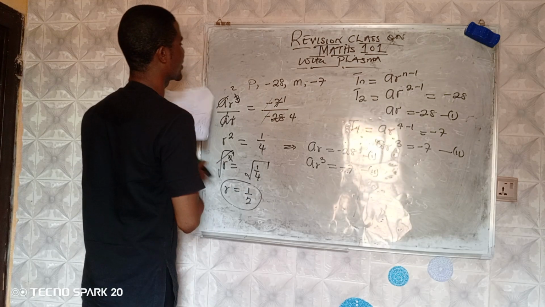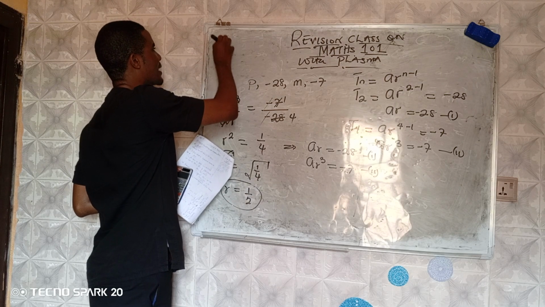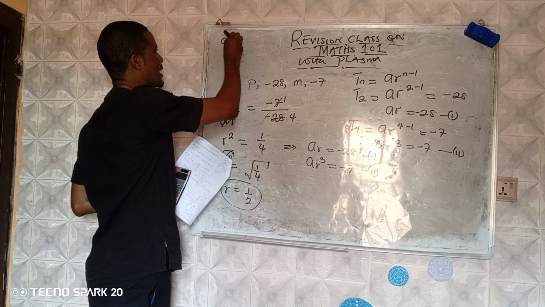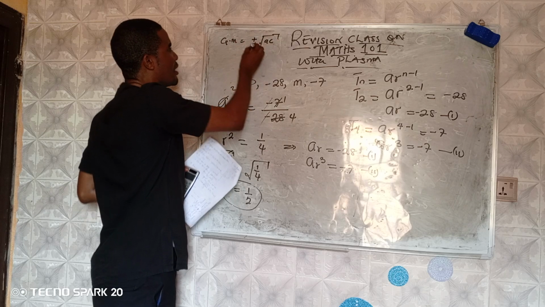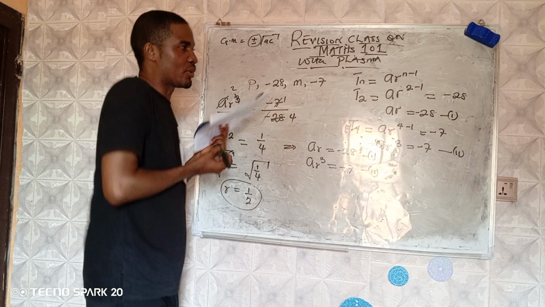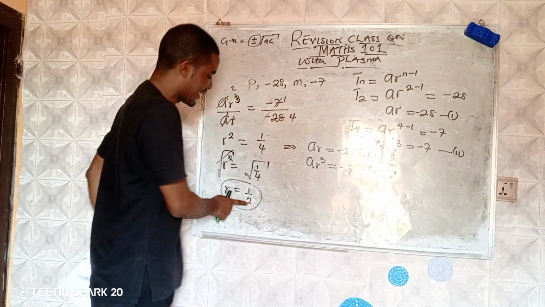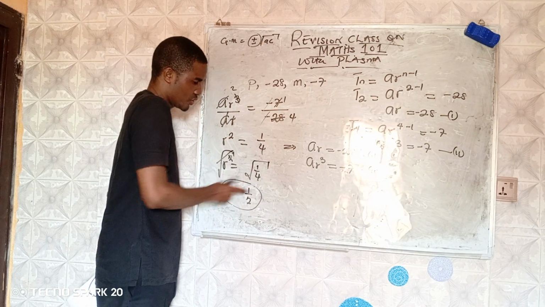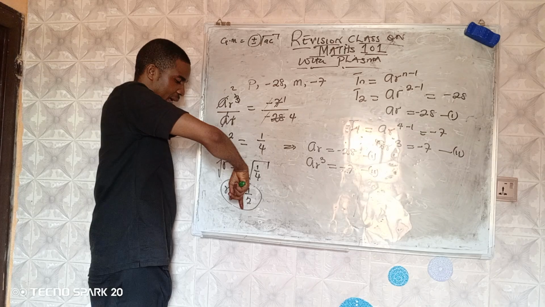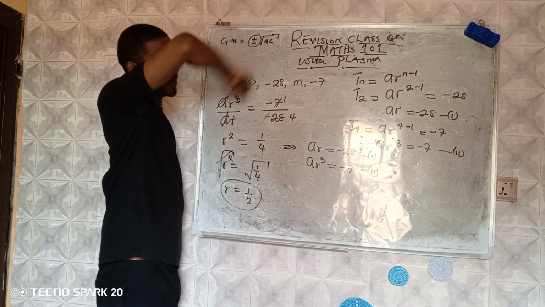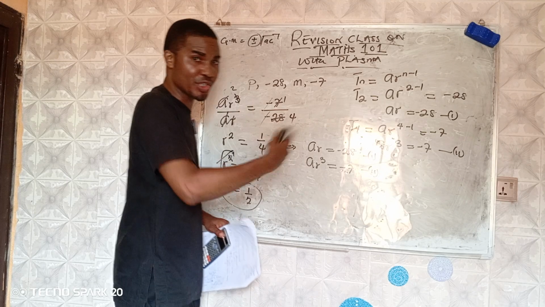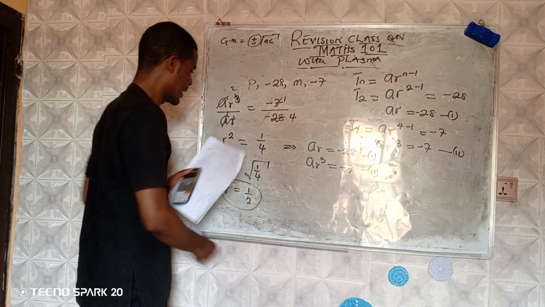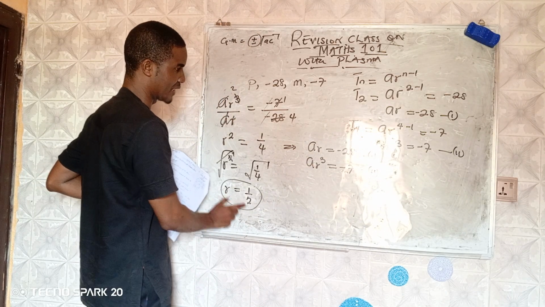Yes. Remember, when you take the geometric mean, it's going to be plus or minus root of ac. It can be plus, it can be minus, but the value will be the same. Here it's giving us plus, the other side gave us minus. They are the same. Whatever you have can arrange your sequence the way it is. So I've got my value of r to be 1 over 2.